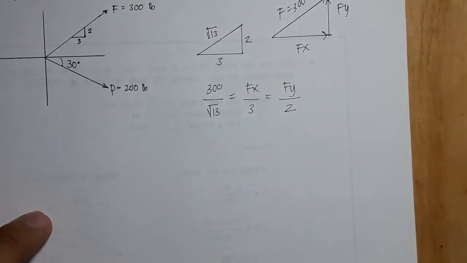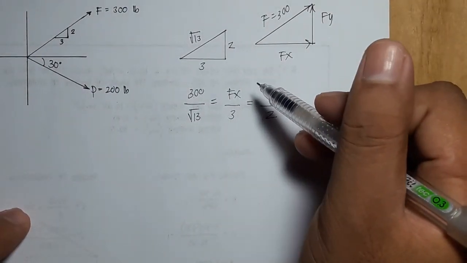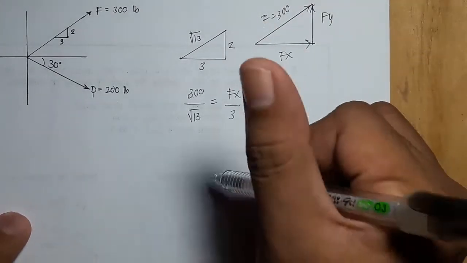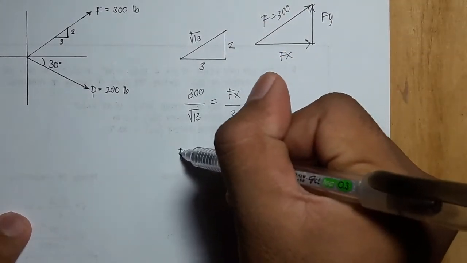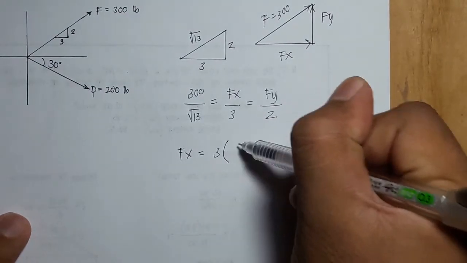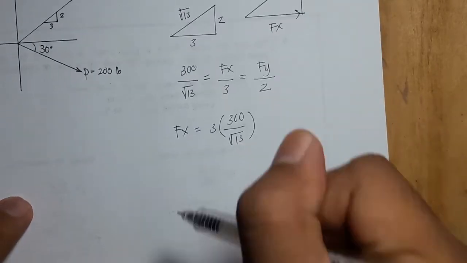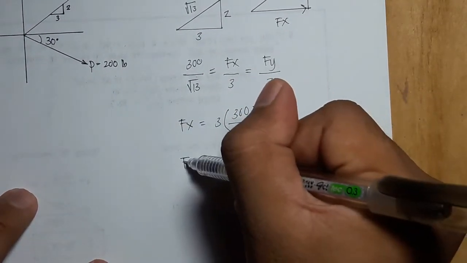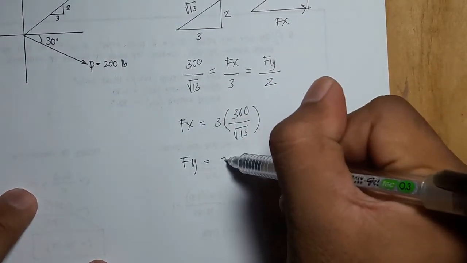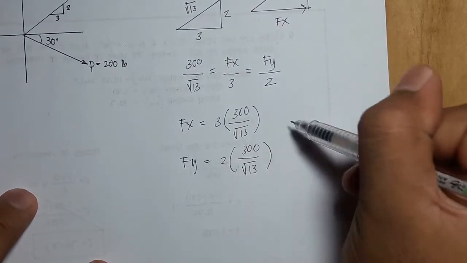So I would like to show you the equation for each component. So Fx just equals 3 times 300 over square root of 13, and Fy would be 2 times 300 over square root of 13.